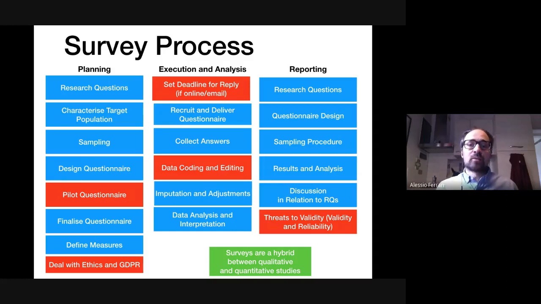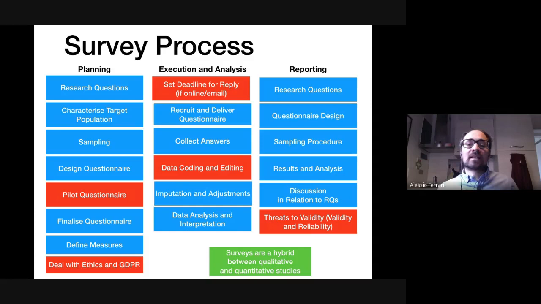Recruit and deliver the questionnaire, collect the answers, and then do data coding and editing. The data that you gather are not necessarily usable as they are, because you may have open data to code. Then imputation and adjustments, because you may need to make some adjustments since, for example, people didn't fill in all the answers, didn't answer everything.